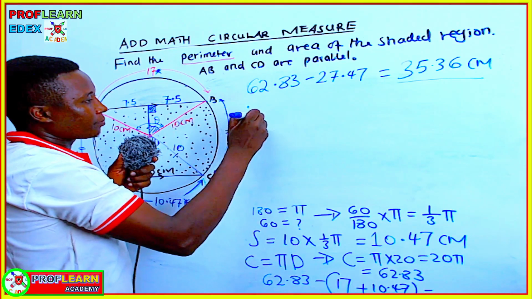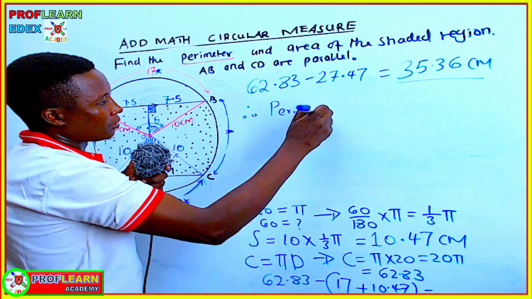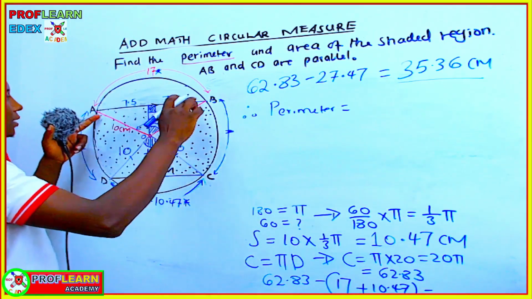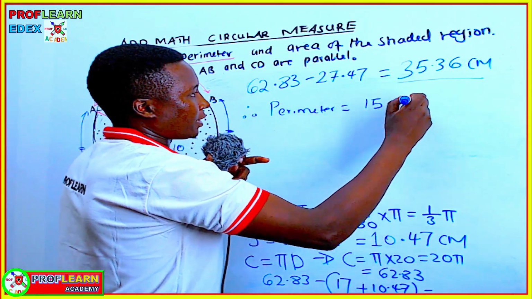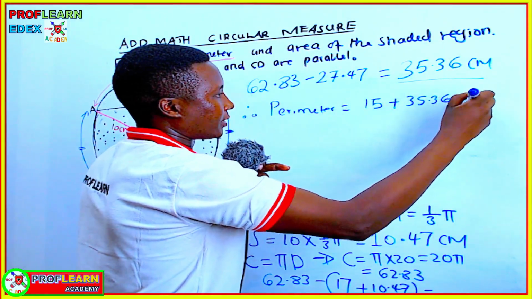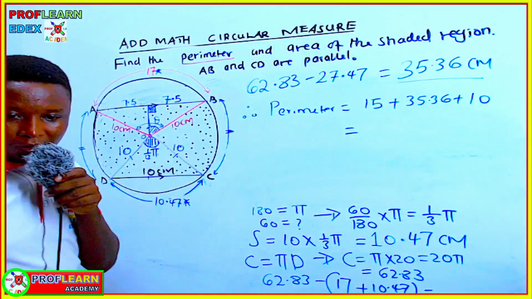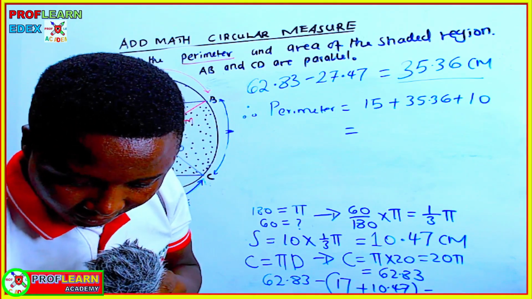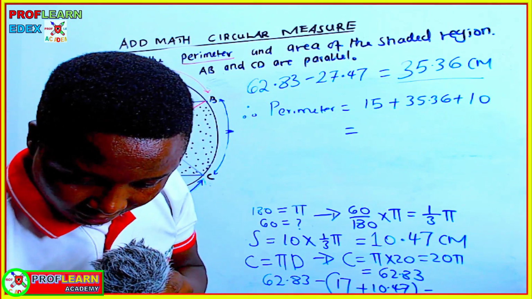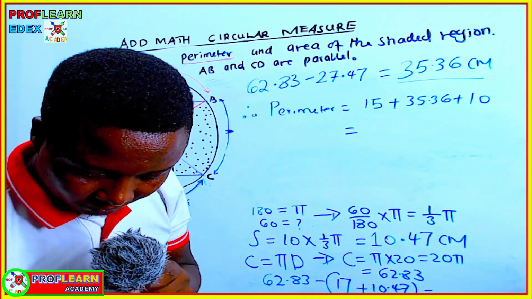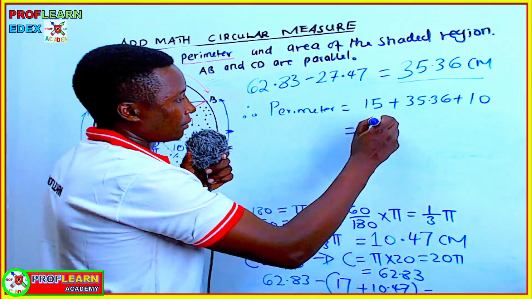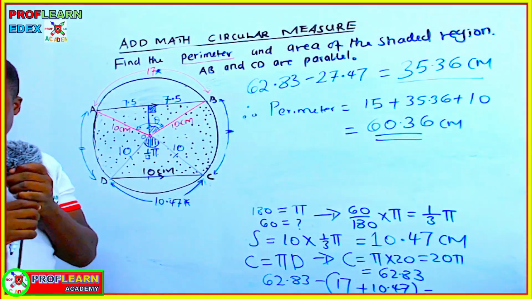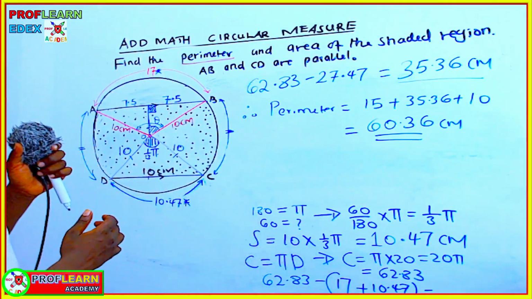Therefore, perimeter is going to be equal to 15 plus 35.36 plus 10, which translates to 60.36 centimeters.